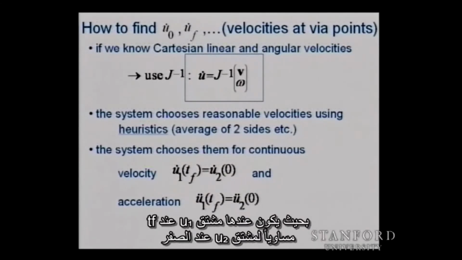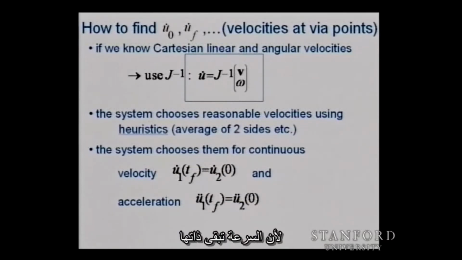So then u1 dot at t sub f will be u2 dot at 0, right? Because it's the same velocity, and we probably want the same acceleration as well. So then the second derivative comes in as an additional condition, and we add that to the system, okay?